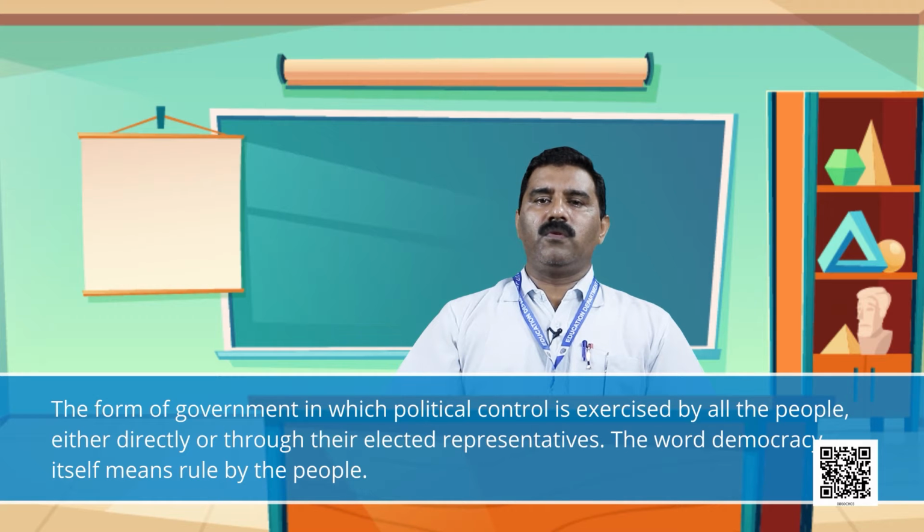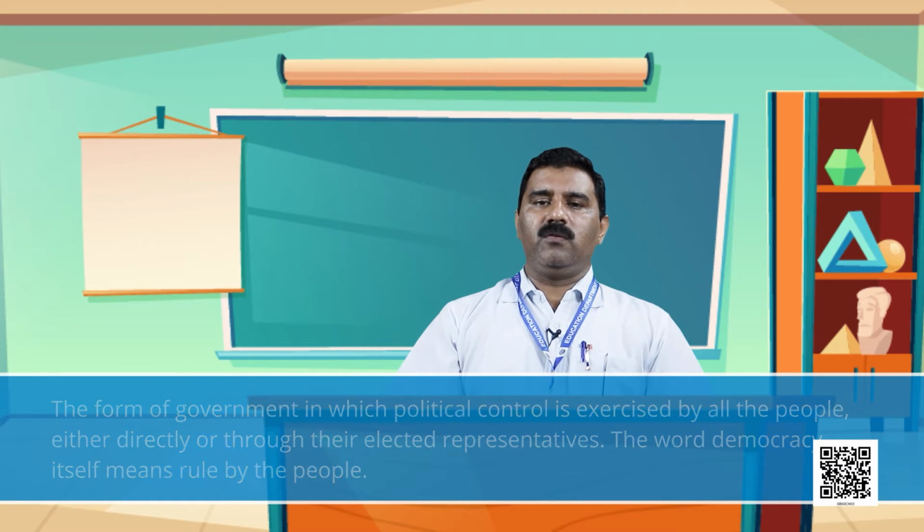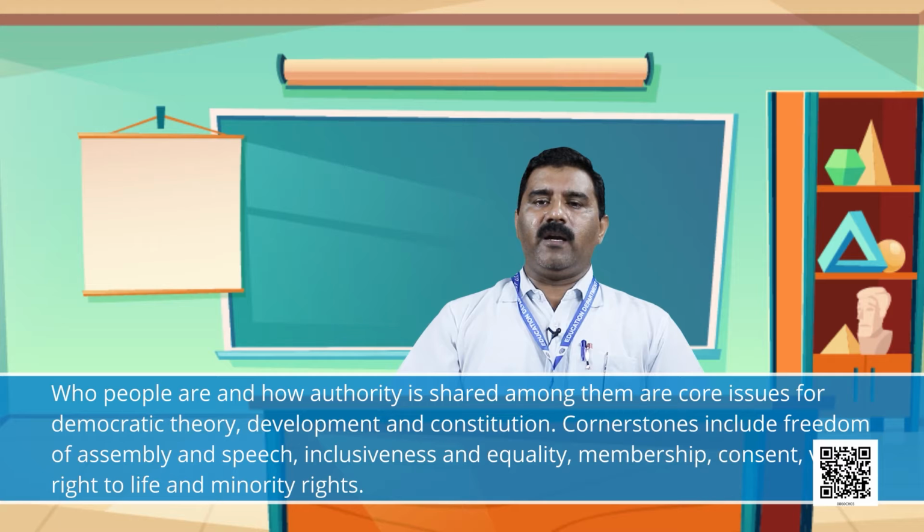The form of government in which political control is exercised by all the people either directly or through their elected representatives. The word democracy itself means rule by the people. Who the people are and how authority is shared among them are core issues for democratic theory, development and constitution.